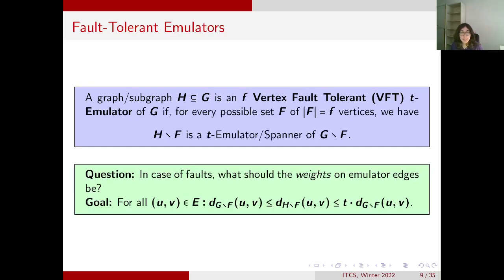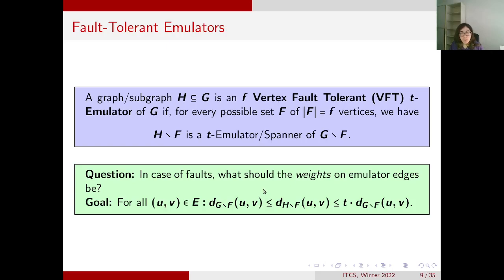The other question that we need to answer is how do we set the weights of the emulator edges that are not in G? For spanners, it's very clear. We're just maintaining a subgraph. But for emulators, we are potentially adding some new edges, and the question is, what weight do we give them?